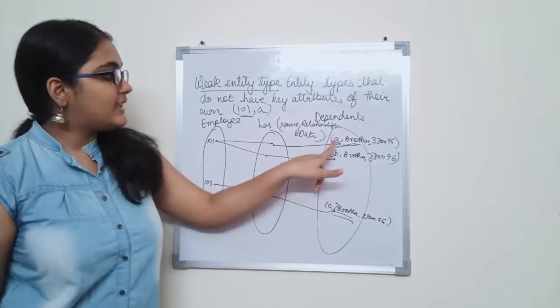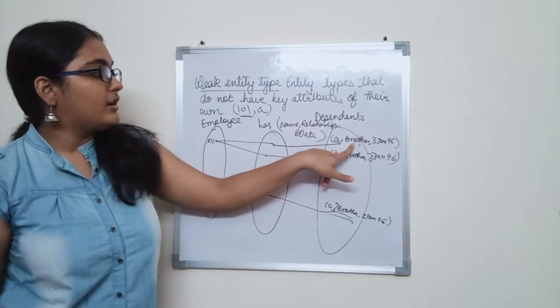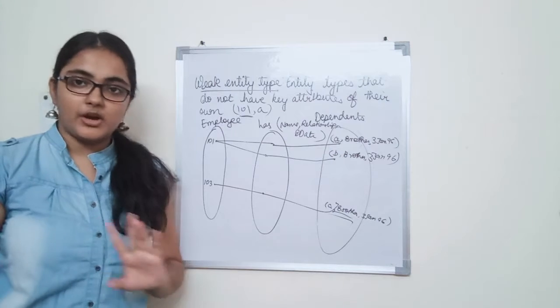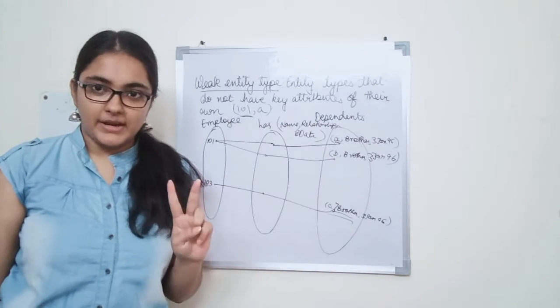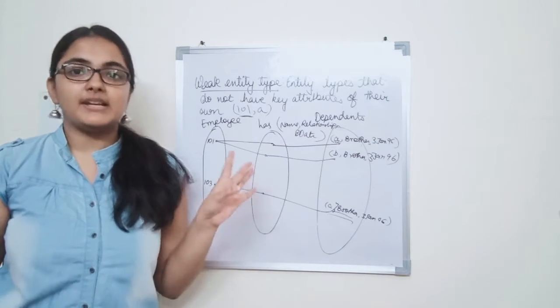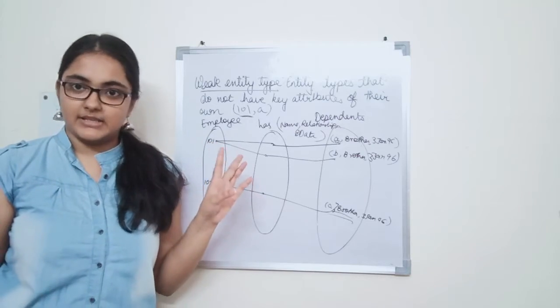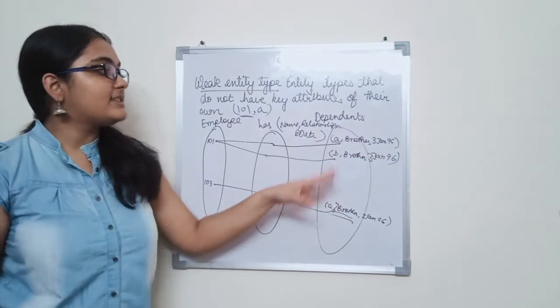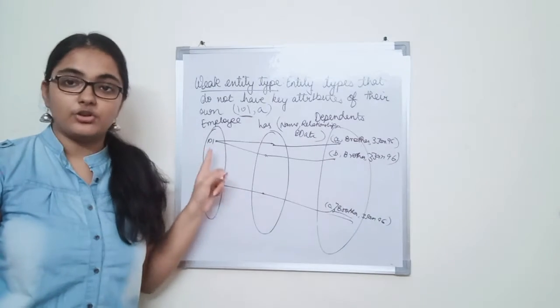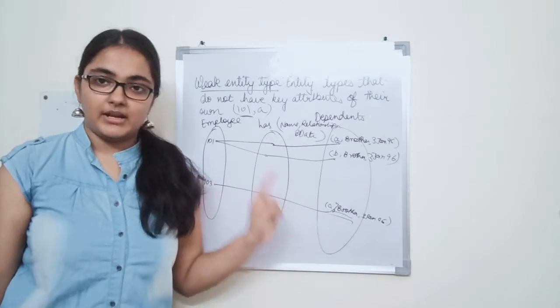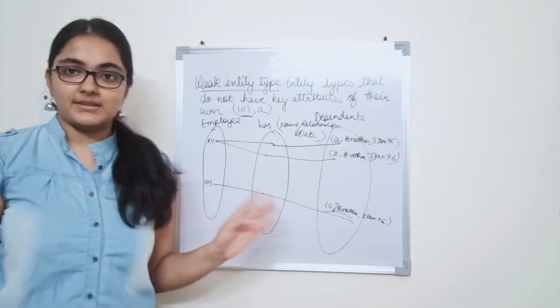Let us say the name of a dependent belonging to a particular employee is not unique. That means an employee can have two dependents with the same name, or many dependents with the same name, or all the dependents with the same name. Then in that case, we have to take all the attributes combined with SSN in order to identify each dependent uniquely. Now I hope this is clear.